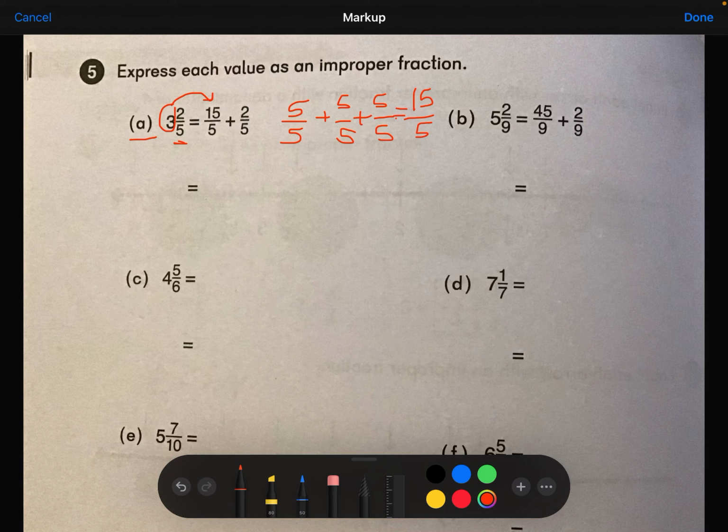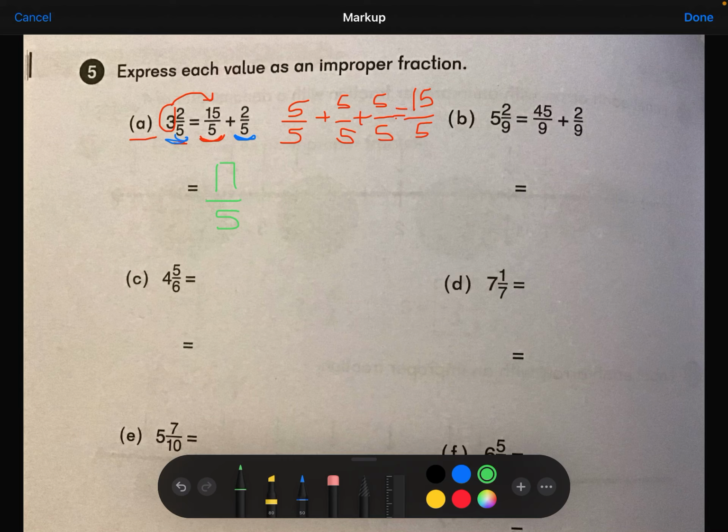The only thing that's left here is the 2/5. That is the fractional portion. If we put those two together, then we end up with 17 over 5, and that is your improper fraction.